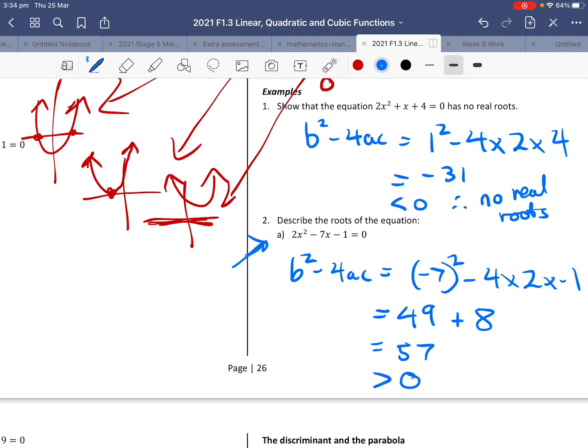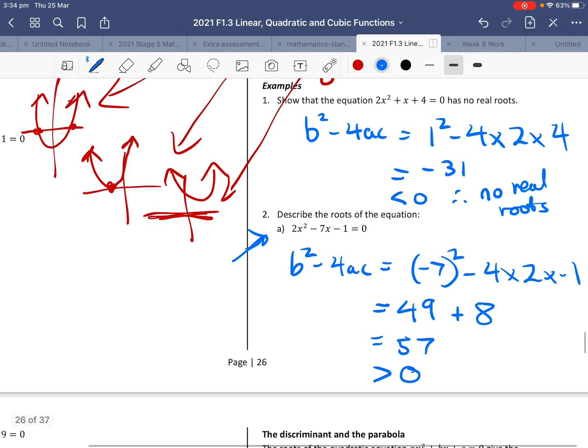And that's greater than 0. And so that's going to mean that there are going to be two real roots.